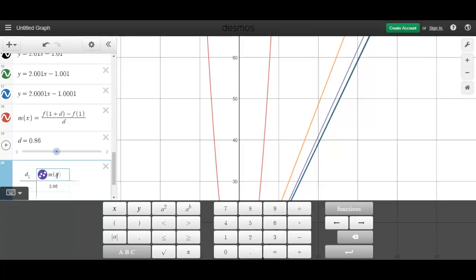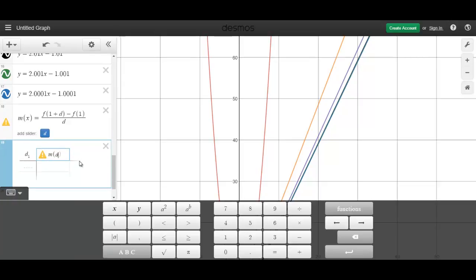Nope, it won't let me do that. I have to define, actually, I gotta get rid of this. Sorry, they're not letting me define d in more than one spot, so that's fine. We'll leave that alone. And then m underscore d1. Okay. Now I can type in, well, what if d is 0.01?